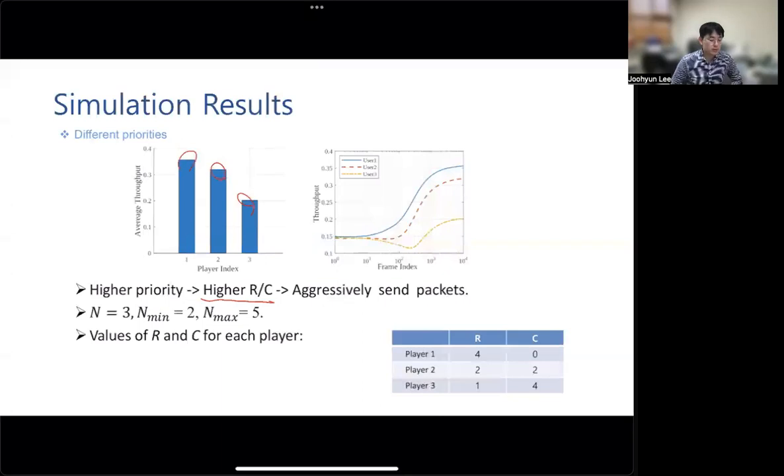So in our algorithm, we can use different priorities for different users. When QoS of some specific applications is important, our algorithm can also solve the situation.